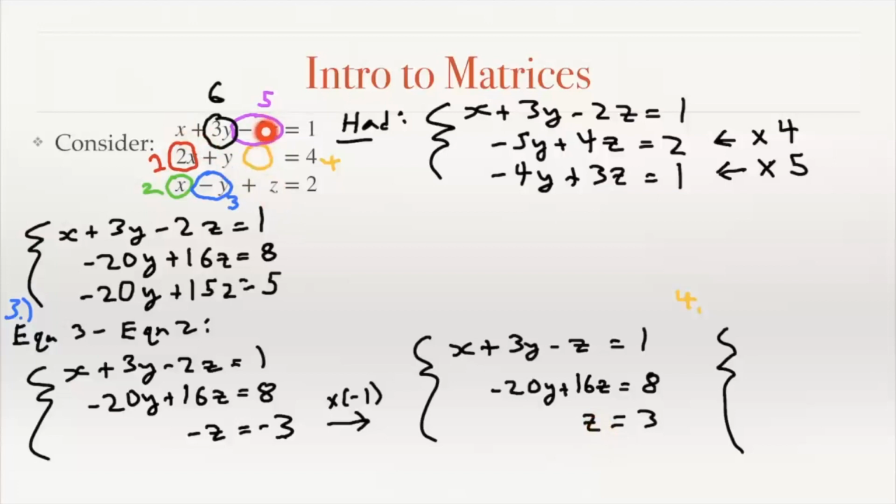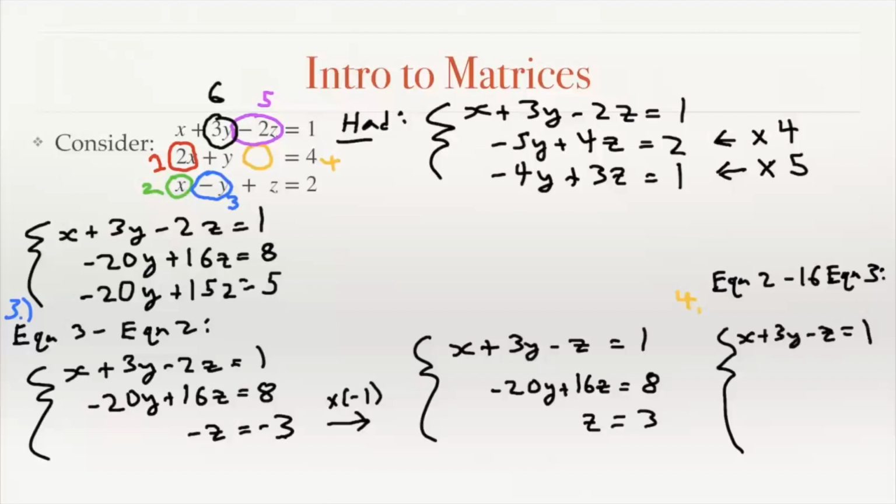This z up there is not in the main diagonal. So using this z, we will do equation 2 minus 16 times equation 3. Then 16z minus 16z goes away. So equation 2 minus 16 times equation 3 yields the following.